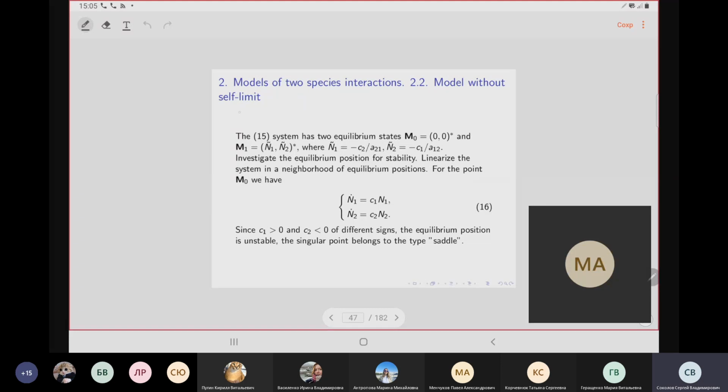If the function f of n is the vector (c1 plus a12 n2) n1, (c2 plus a21 n1) n2, to linearize, we have to calculate the Jacobian matrix df by dn at the point n equal to M0 or M1.